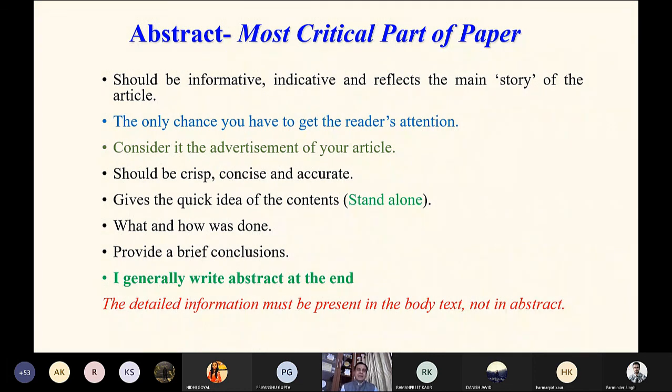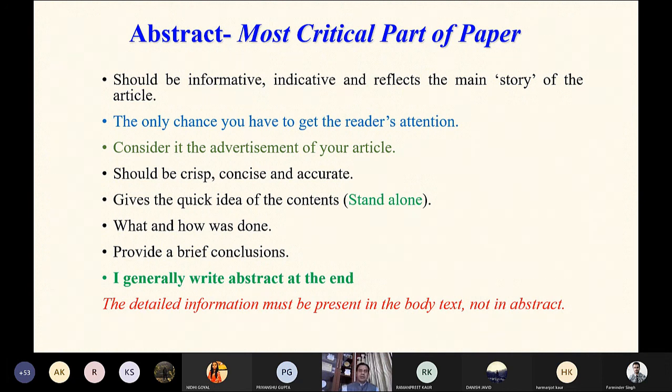The second part of the manuscript is the abstract. After the title, what exactly are we going to have? It is the abstract. So what do we have to include in the abstract? Whatever abstract we write must be very informative, indicative, and it must reflect the main or the full story of the paper.